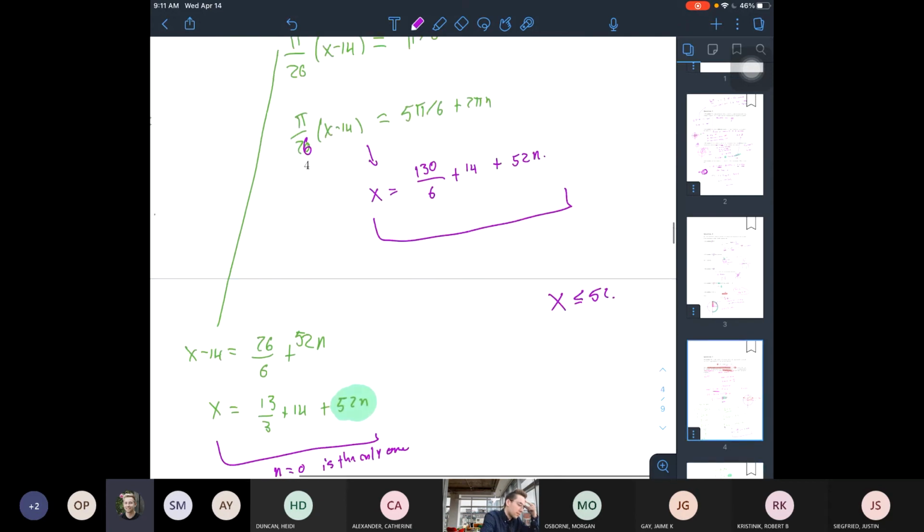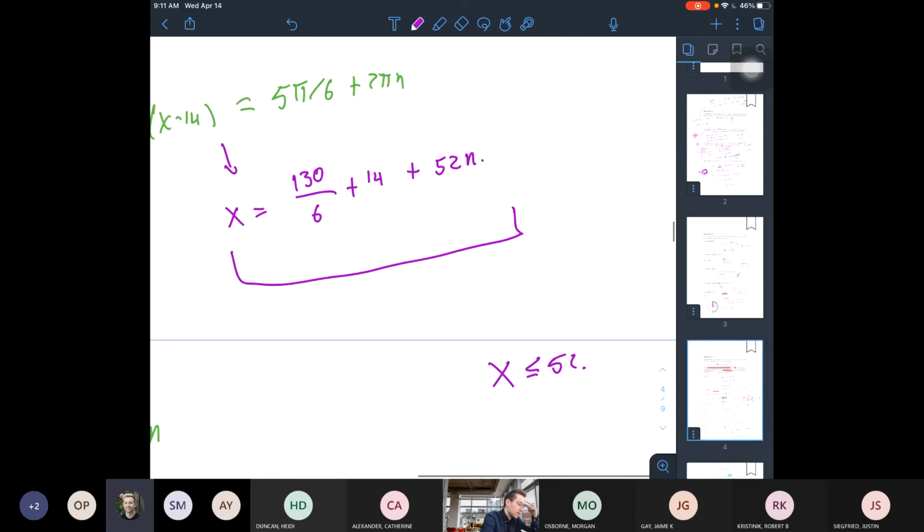And for this one, what is 130 divided by 6 plus 14? This is something like x equals 35.66 repeating plus 52n.